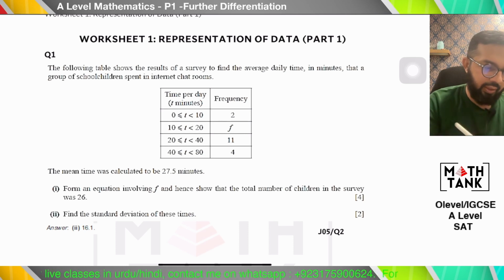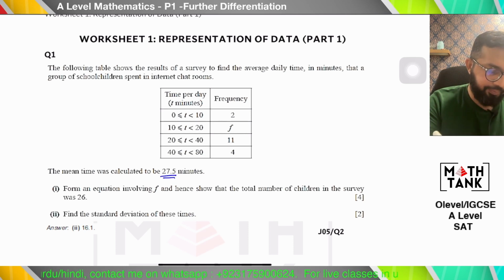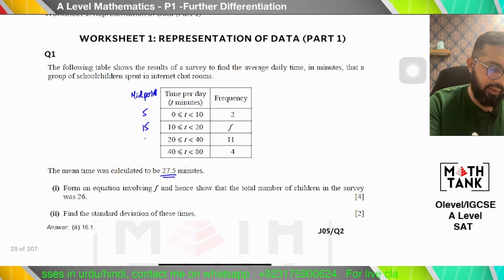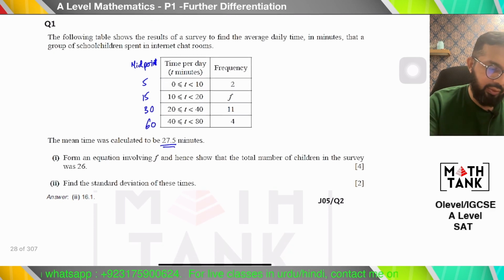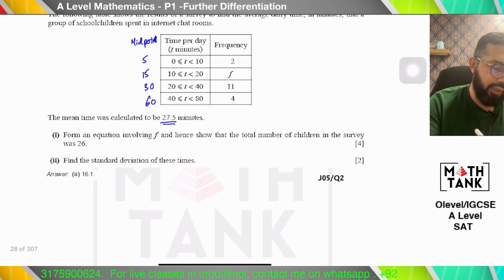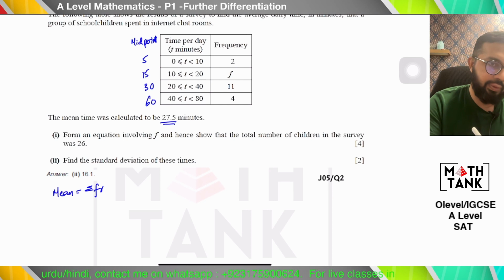Okay, so I need to use this mean. To calculate mean, I need the midpoints. The midpoint is 5, and then 15, and then 30, and then 40 and 80 have a midpoint of 60. So to find the mean, I have to do sum of fx over sum of f.